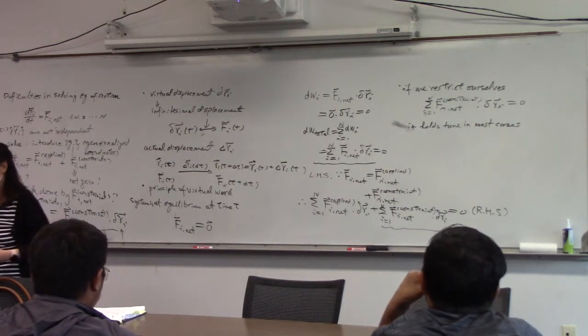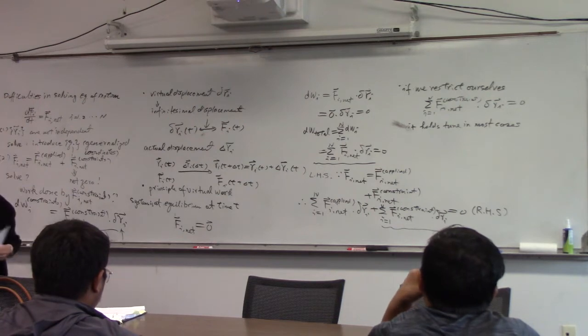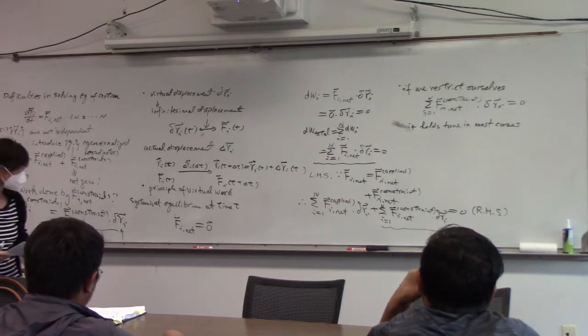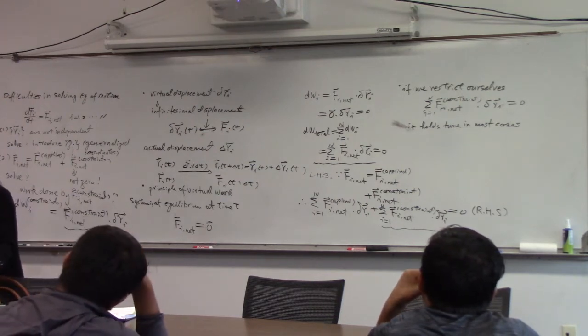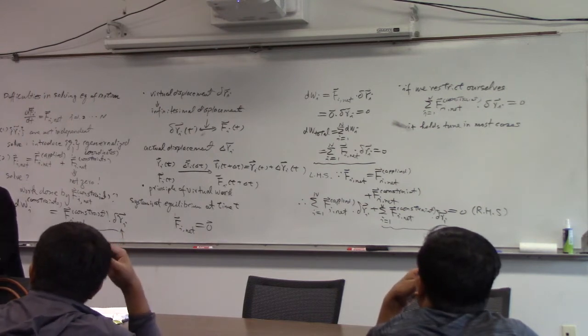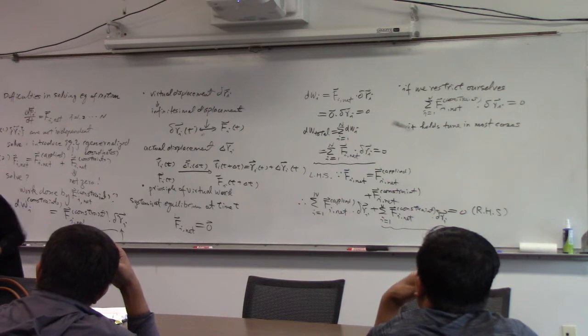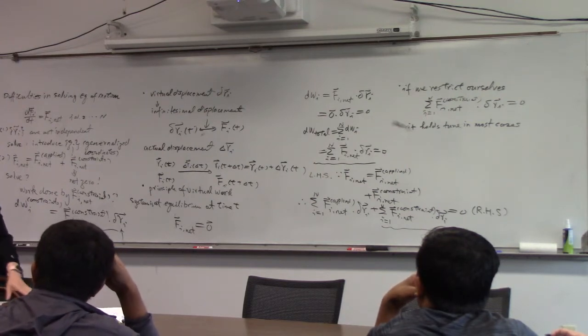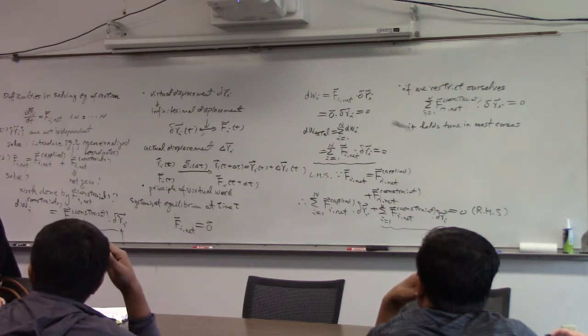For example, here, this textbook. The constraint is that it cannot move down, because of the table. The table gives a normal force, perpendicular to the surface. So the limited motion is along this surface. You see that delta r is perpendicular to the force.